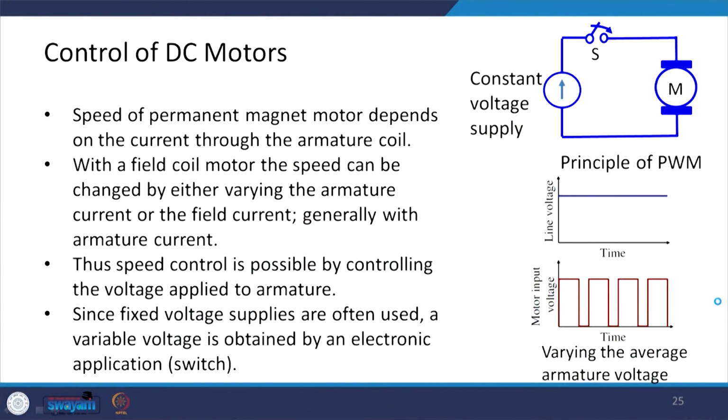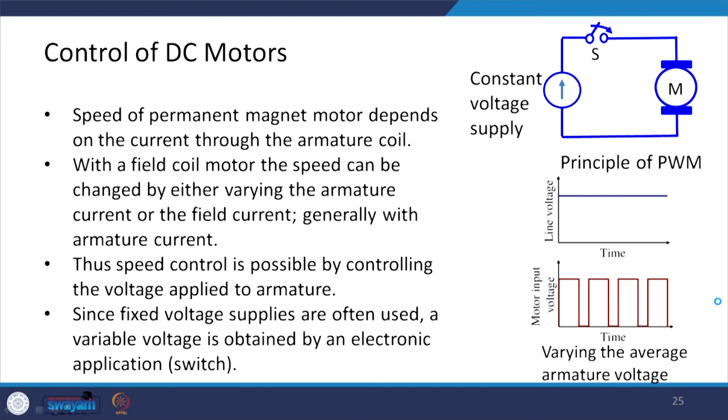Now, the question is how do we control these DC motors basically, okay. So, the control of these DC motors actually depends on the current through the armature coil, okay. And with a field coil motor, the speed can be changed by either varying the armature current or the field current, generally with the armature current.